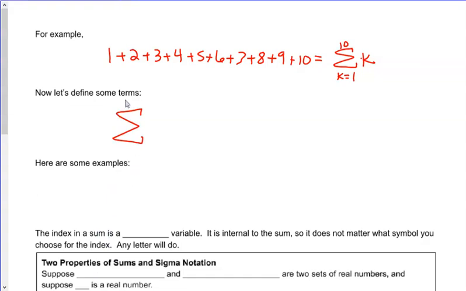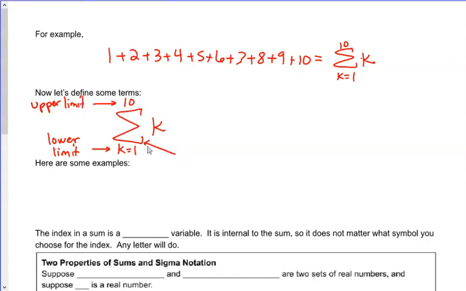So here's my sigma. Let's talk about some terms that I have here. So let's talk about our numbers on the upper and lower, okay? So this is what we call the lower limit of our summation. This guy would obviously then be my upper limit.